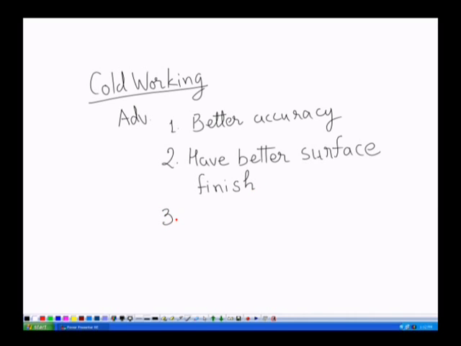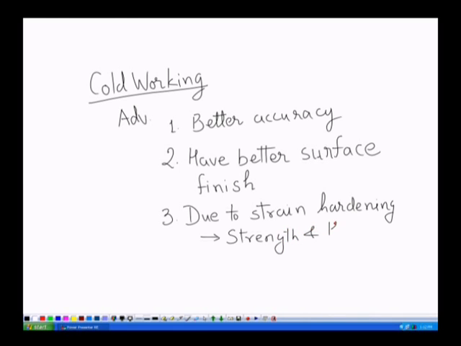Third one, due to strain hardening, it means our curve has reached beyond our point B. So in that case, the strength and hardness increases.